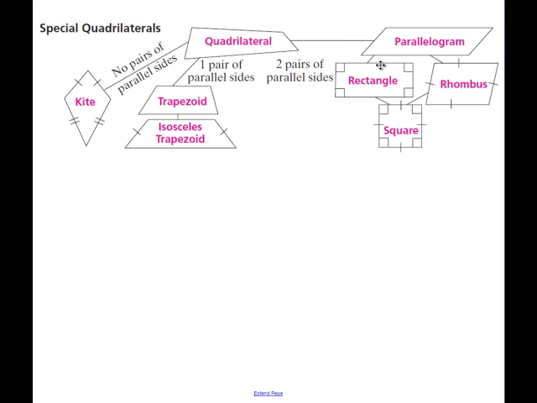Same thing if we know that both pairs of opposite angles are congruent. If they don't tell us any information about the sides, but tell us that both pairs of opposite angles are congruent, we can prove that it's a parallelogram. And then we know that the opposite sides are congruent and the diagonals bisect each other. Same thing if we only know that the diagonals bisect each other, we can prove that it's a parallelogram.